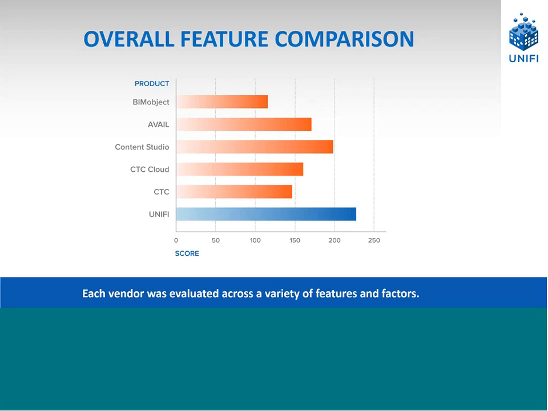So it was not a biased system to apply. It basically was, this feature, you're going to score for it, it's worth this much, and this is the total value. And so Unify led the pack on that, and it just shows how much time you guys have spent building out and making features available to your users.